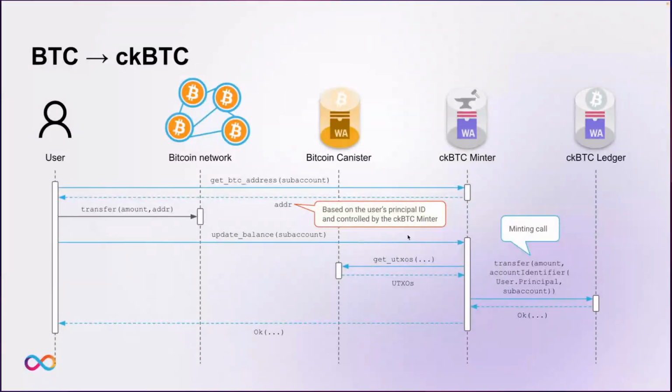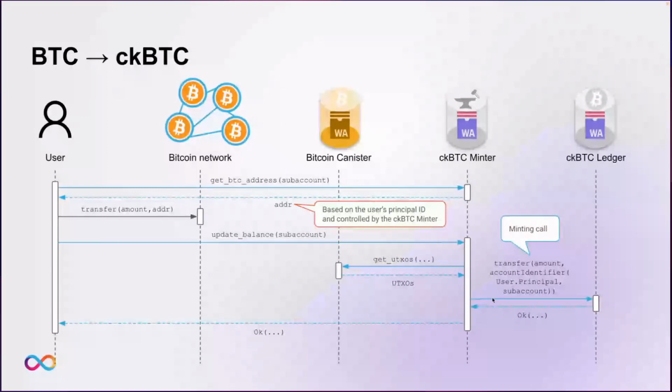This is what the ckBTC minter does then. It filters the UTXOs by the ones that it has never seen, and then transfers that amount of ckBTC into the account of the user. That happens here. This way you converted BTC into ckBTC.